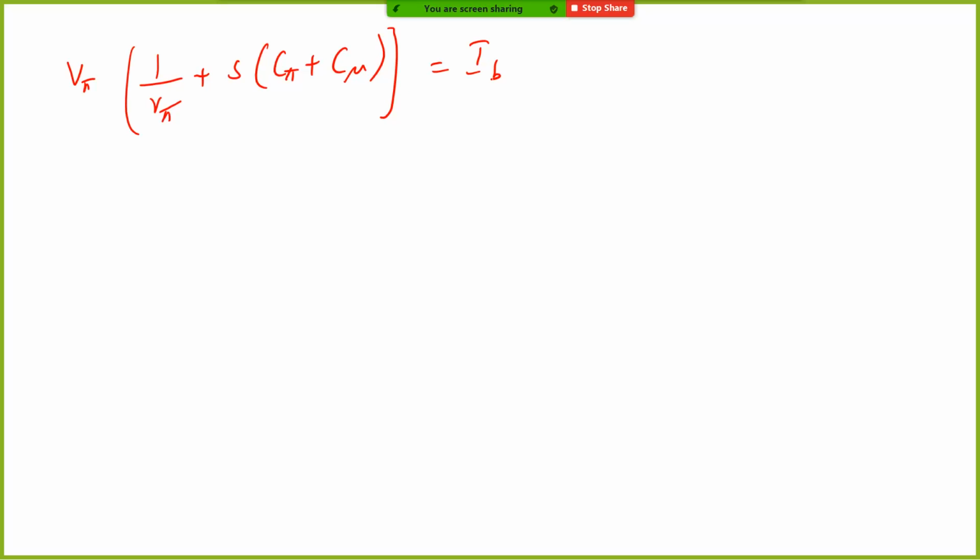Now we want to find HFE, which is also defined as beta. Beta is a function of S, given as IC by IB.